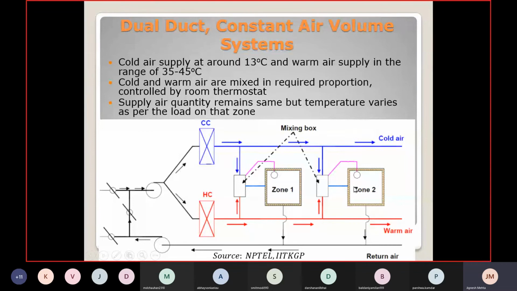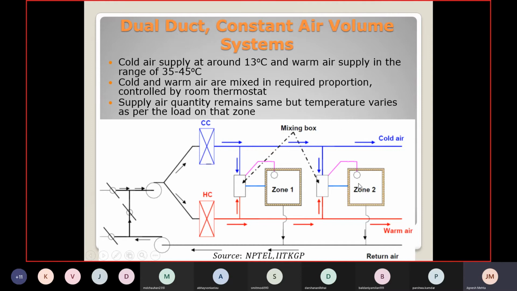Now these things may occur in a very big complex. So in some zones, even if it is winter, some zones have very high internal heat generation. So there may be need for cooling in one zone and heating in another zone if it is winter. Internal heat generation in winter is high, let's say in zone 2, so there may be cooling requirement in that zone.